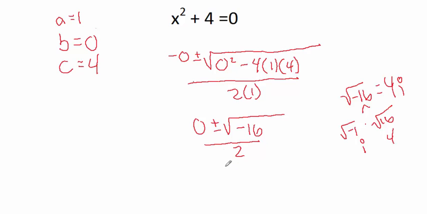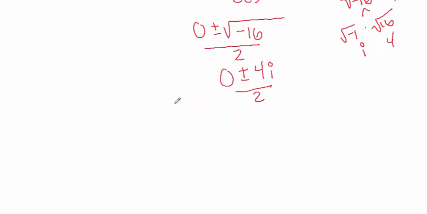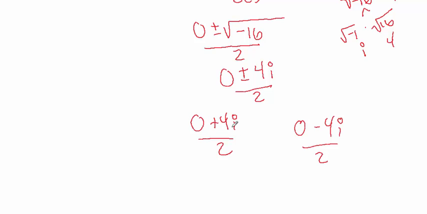So my problem here, I have 0 plus or minus 4i over 2. So I have two different equations now. I have 0 plus 4i over 2 and 0 minus 4i over 2. 0 plus 4i is just 4i. So I get 4i over 2, which is equal to 2i.